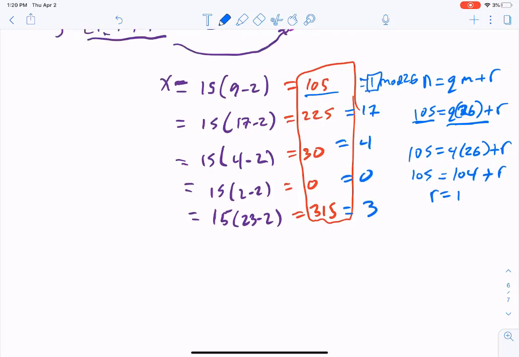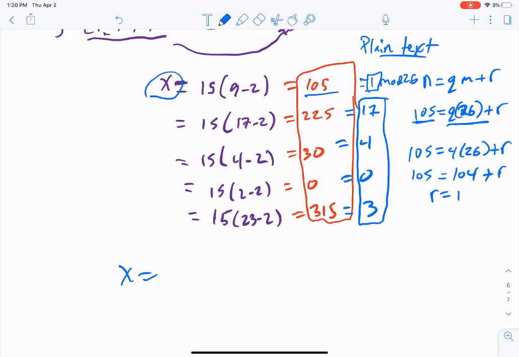Okay, so I did all that for the rest of them, and here are the answers I got. So this is my plain text. I decrypted the message. We just have to convert these letters. So these are my x values. We're talking about x values here for each one of these. And we're going back to the domain. So this is going to be 1, 17, 4, 0, 3.